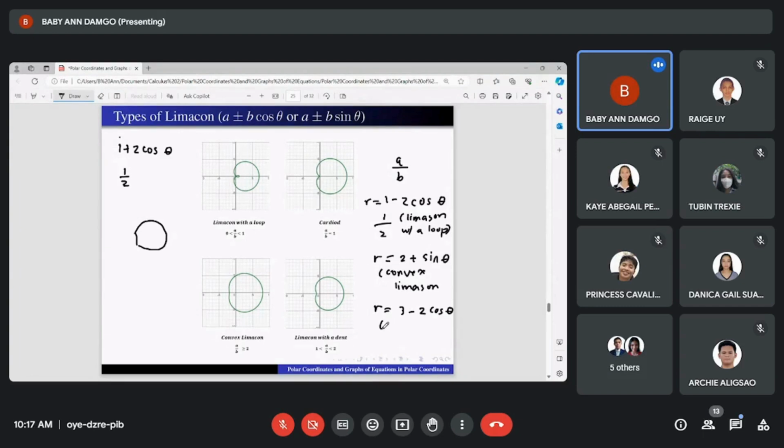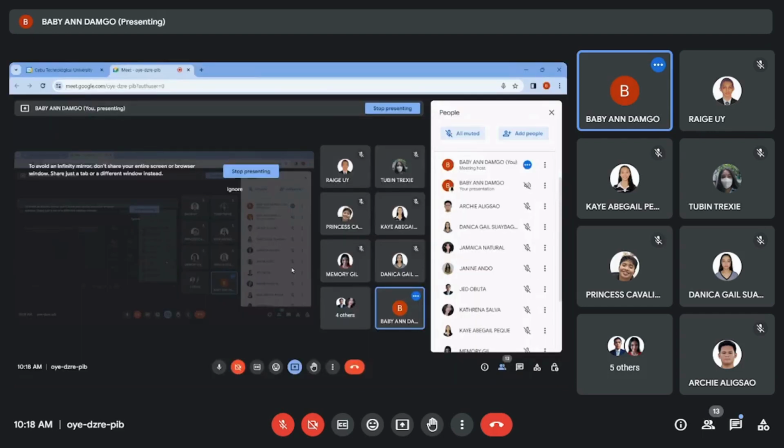Sige, last. We have R equals 4 plus 4 sine theta.